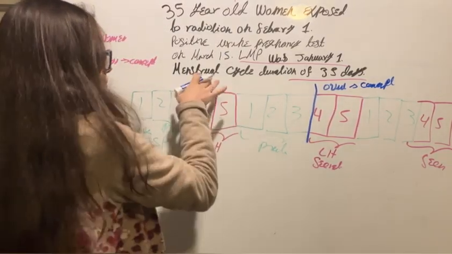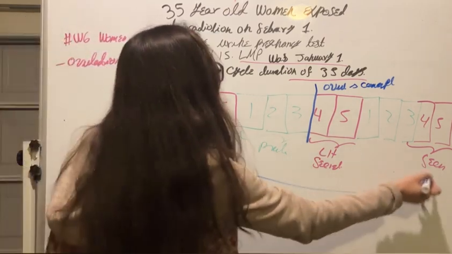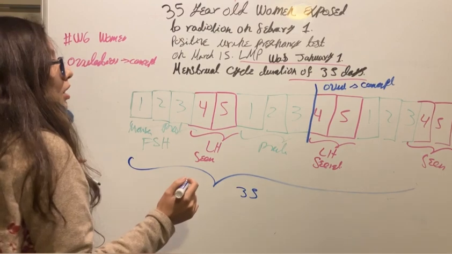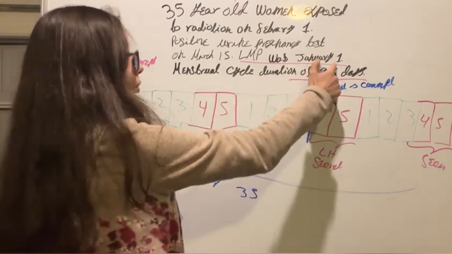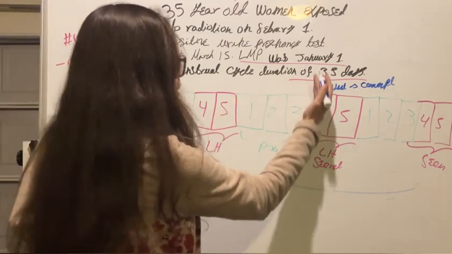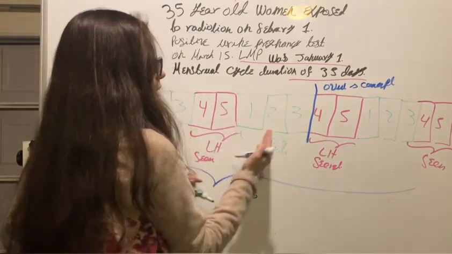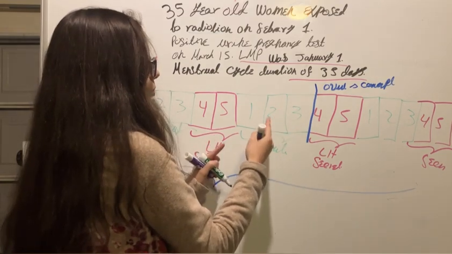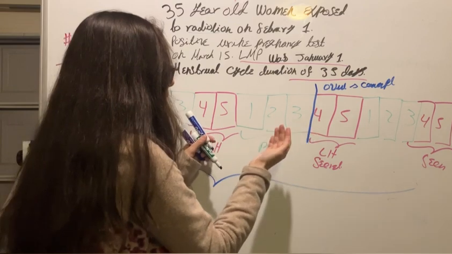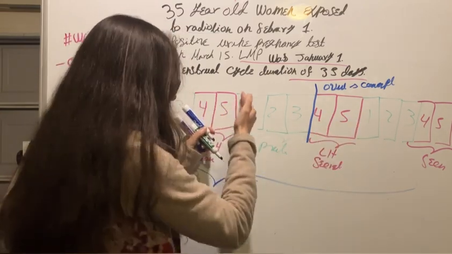So this is a 35-day menstrual cycle. Last menstrual period was January 1. So let's suppose that the ovulation was here, and the last menstrual period of this cycle is here, or the menses day of this menstrual cycle is here.